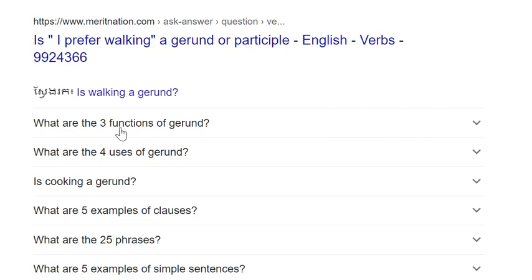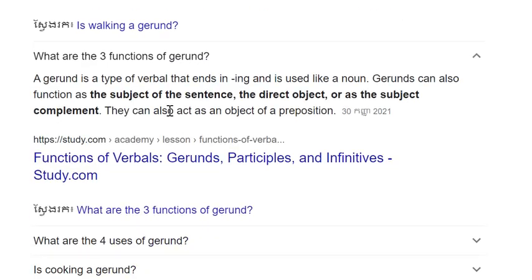What are the three functions of gerund? A gerund is a type of verbal that ends in ing and is used like a noun.